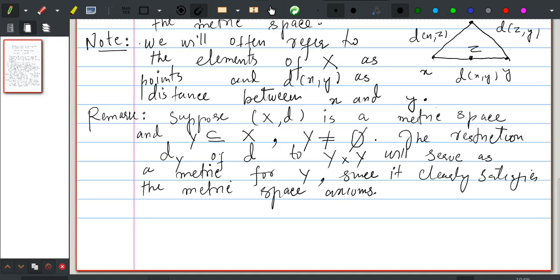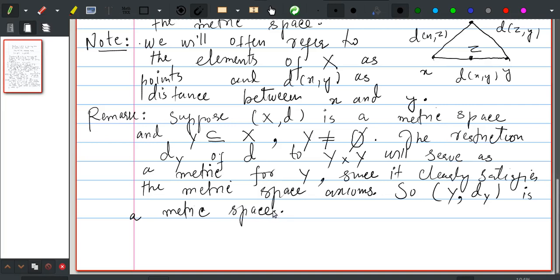So Y equipped with metric dY is a metric space.